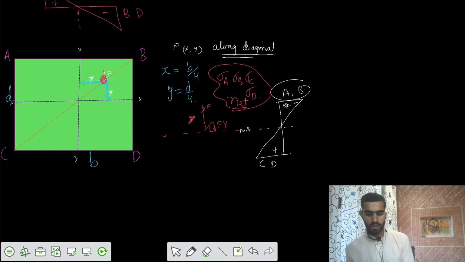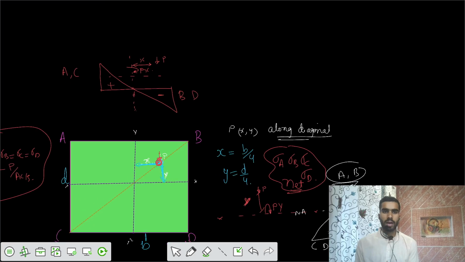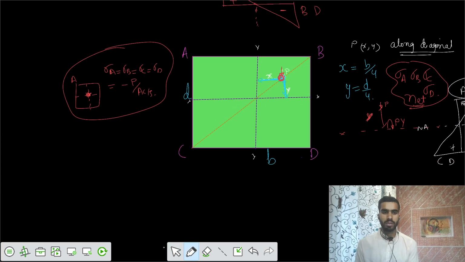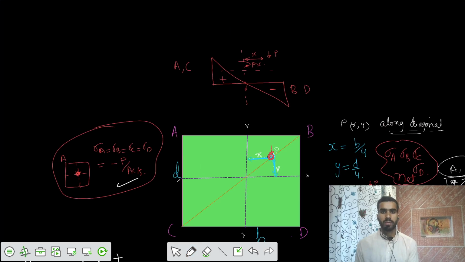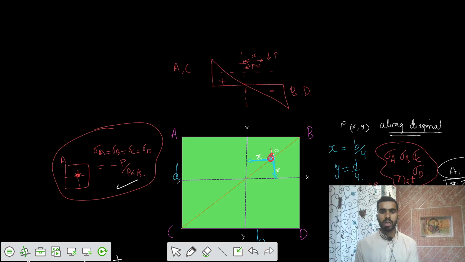Finally, if I write the equation for the stress at A, it would be minus P by bd, plus, because of this one, we have a positive value. What is the maximum value we can have?